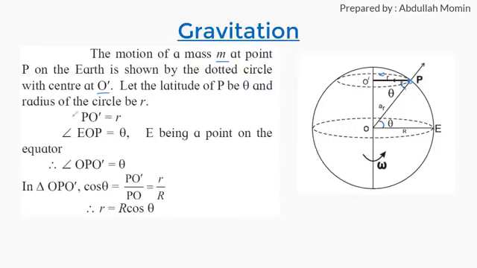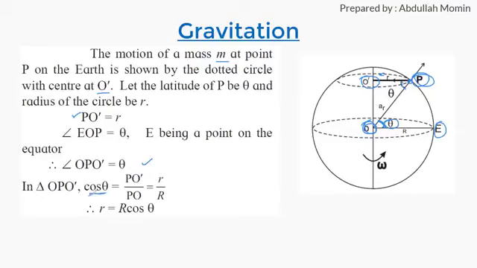So we write PO dash is equal to r, and angle EOP is theta, E being a point on the equator. So if this angle is theta, then angle OPO dash is also theta.